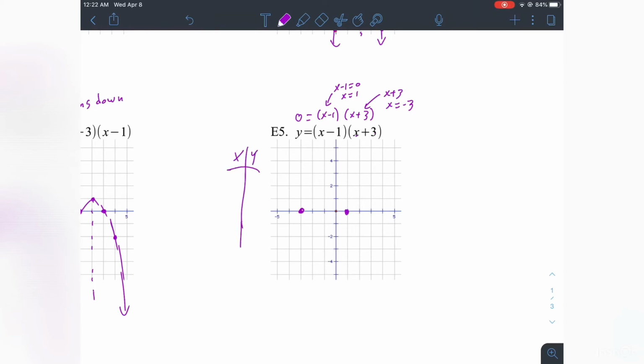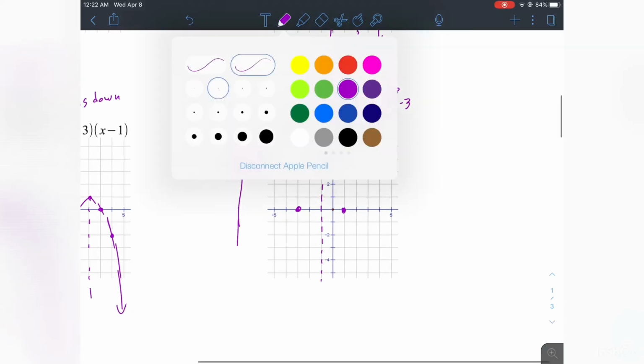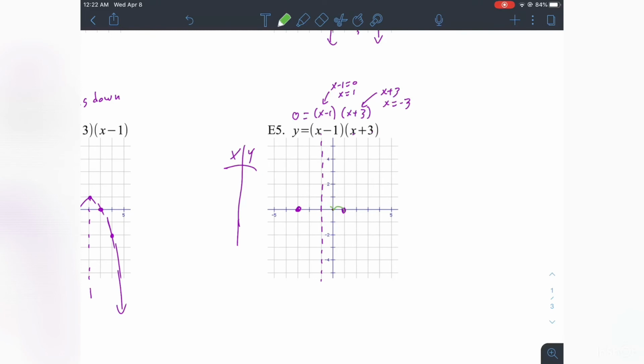So if those are the x-intercepts, then the vertex must be in the middle. In the middle, you'd have to go over 2 this way and 2 this way. So negative 1 something is in the middle. So if you plug negative 1 into the equation, negative 1 minus 1 is negative 2.